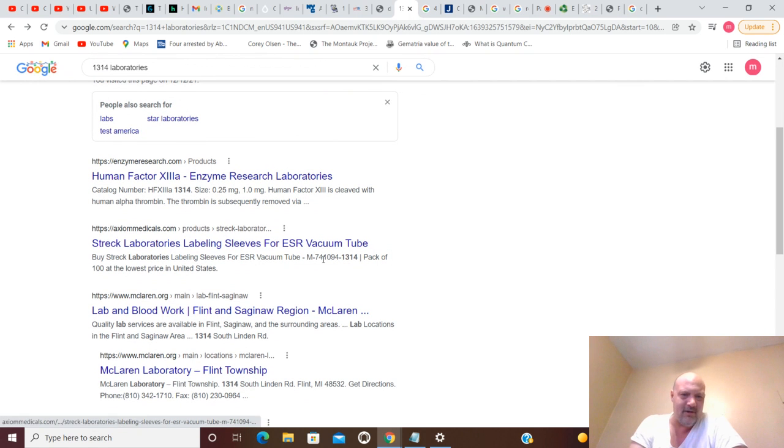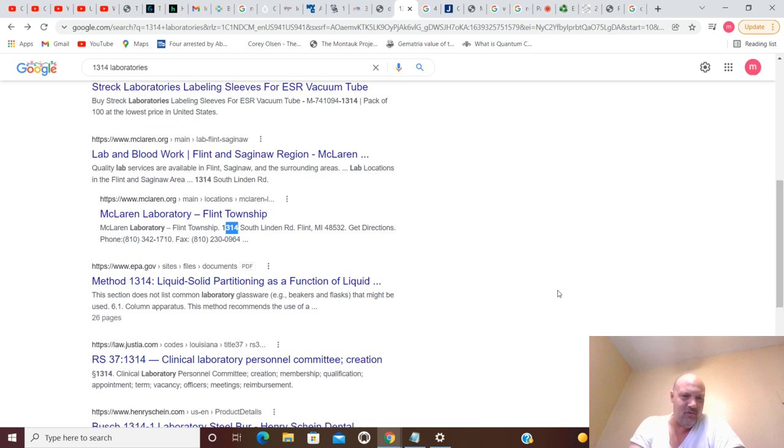Streck Laboratories labeling sleeves for ESR vacuum tube. So there's your 1314. Lab and Blood Work, Flint and Saginaw Region. McLaren.org. And there's your 1314, part of an address, McLaren Laboratory. Once again, 1314.